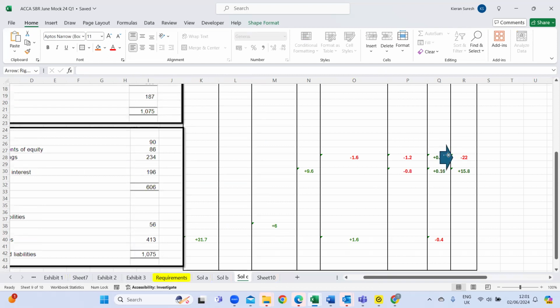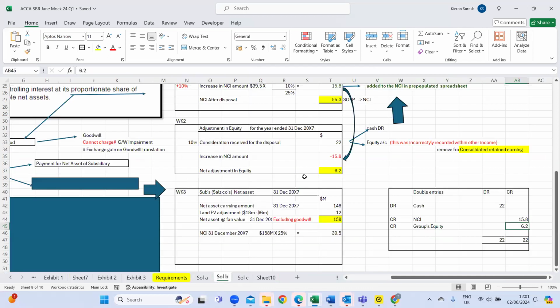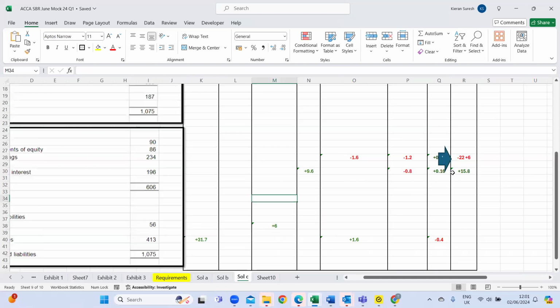I've removed the 22, and then I'm also adding the 6.2, which is credited. So I'm adding 6.2 there, and you can see that the balance sheet balances afterwards.